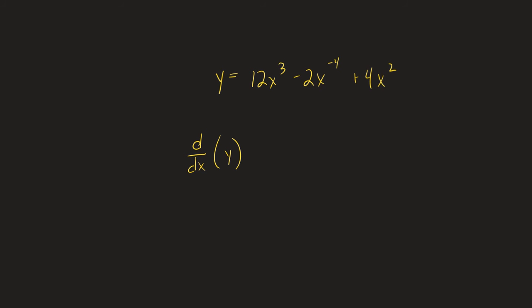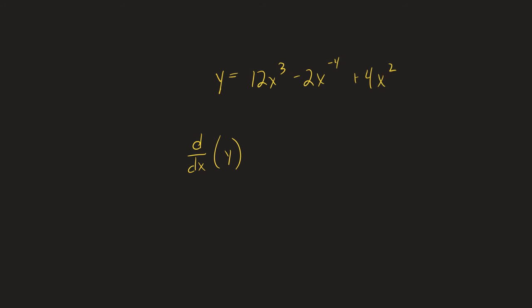This is an operator that tells me to take the derivative of the y function with respect to the variable x. So when I write this down, I'm communicating something to you. I'm saying take the derivative of the function of y with respect to the variable x.